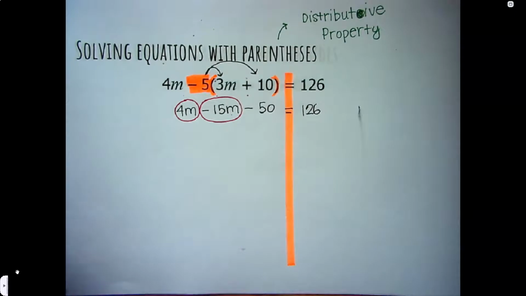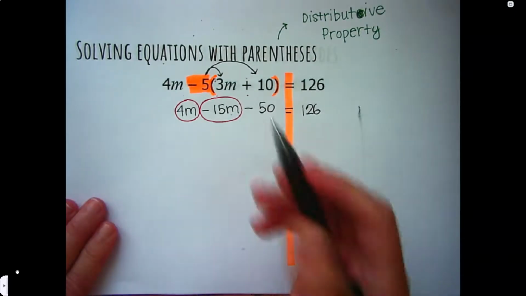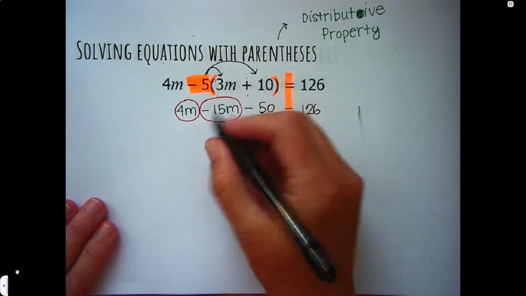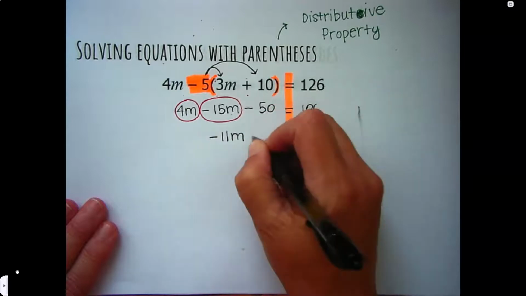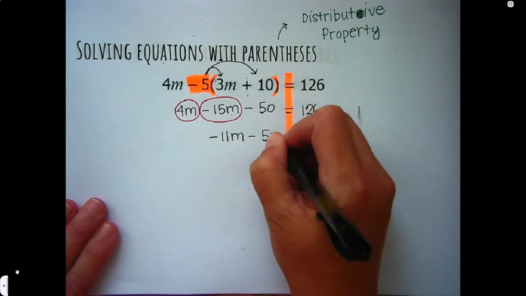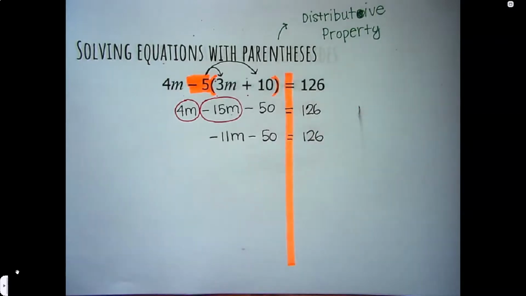Now again here, do what it says. So we're going to do 4 minus 15. 4 minus 15 is negative 11. So we get a negative 11m minus 50 is equal to 126. So this problem has parentheses and like terms in it.